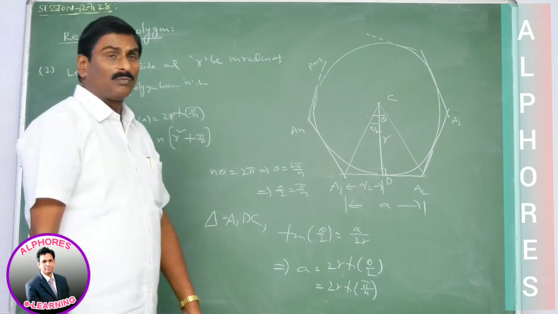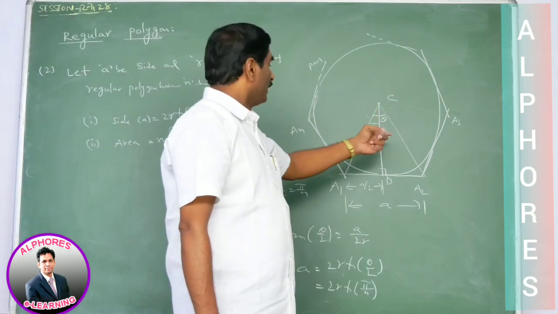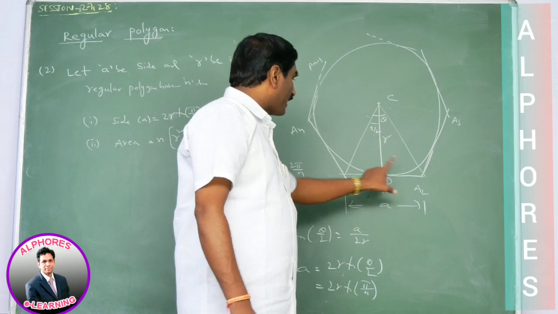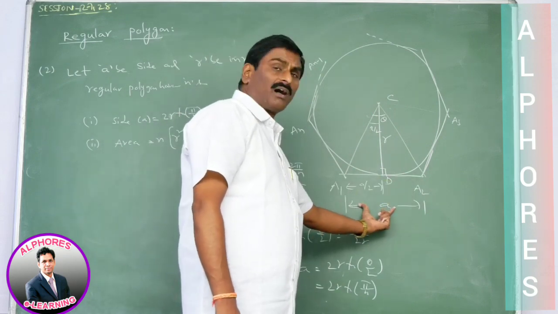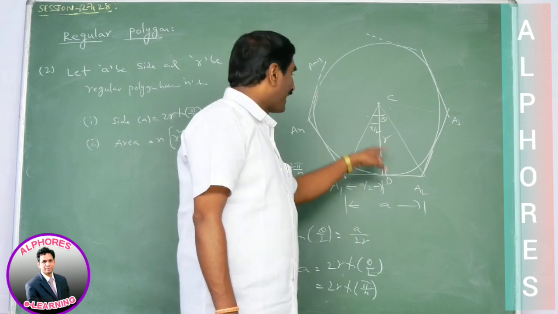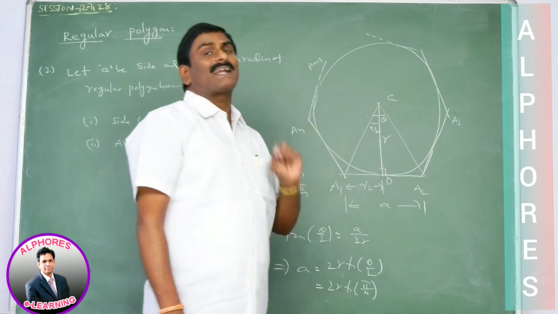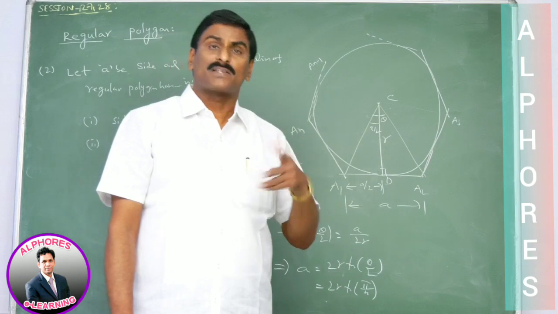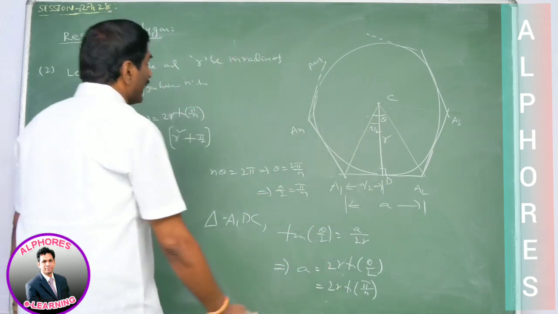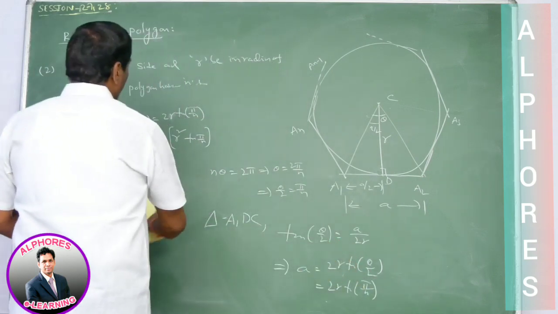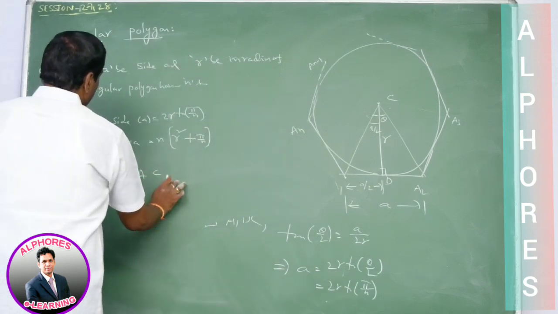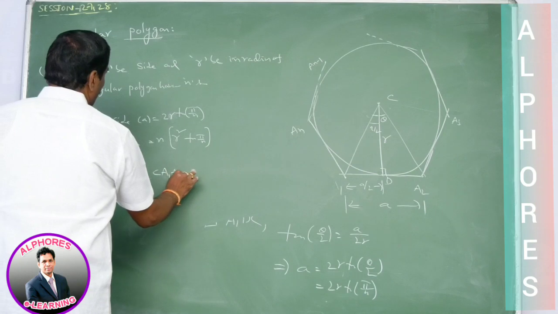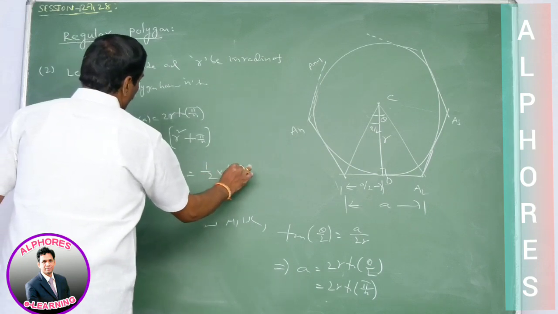Area is nothing but n times one of the triangle areas. The triangle CA1A2 area: in this case, we know the side A1A2, a. Already we found the value of the side. And the height is r. If base and height are given, what is the area of the triangle? Half of base into height. So by using that formula, area of triangle CA1A2 is equal to half into base into height.